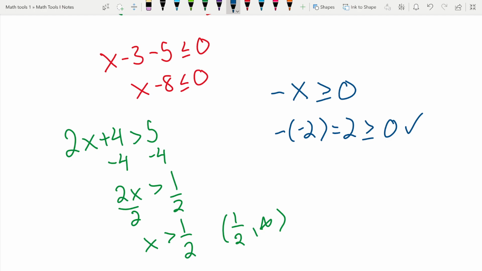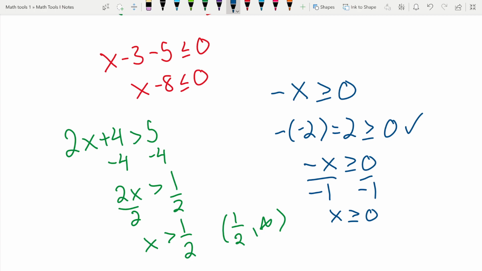So it might look a little strange if we use our normal equation solving techniques. If I divide both sides by -1 and just leave it as is, it doesn't really make sense. If we go back and test a number, x is greater than or equal to 0, so say x is 2. Does that make sense? In the original, it doesn't, because then that's saying -2 is greater than or equal to 0, which we know is false.